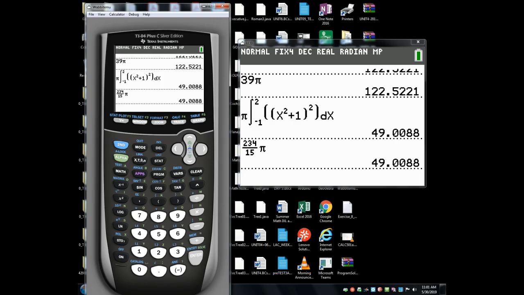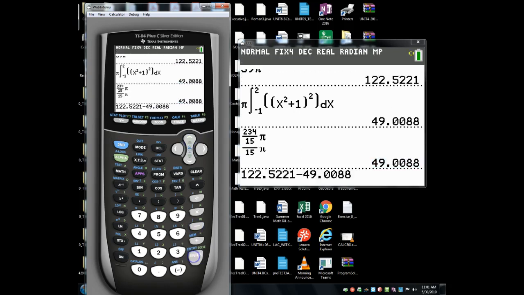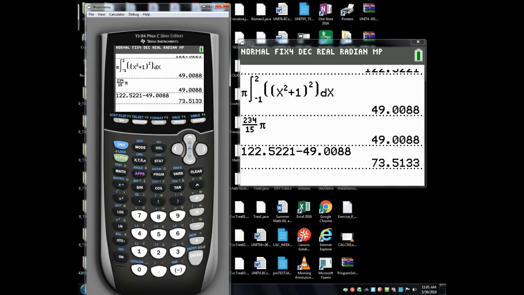All right. Or 122.552-ish minus 49.009-ish is the final volume of that black region revolved around the x-axis, which is 73.513-ish.